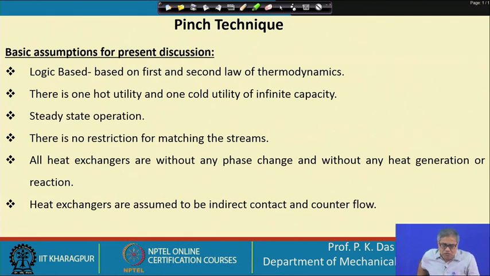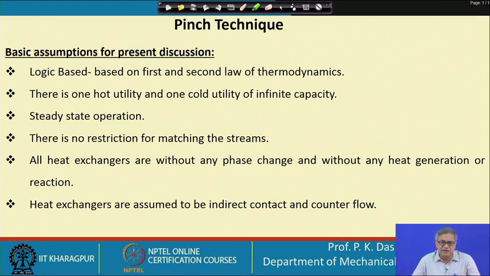There is only one hot utility and only one cold utility, each of infinite capacity. In practice there could be many hot utilities, at 100 degrees Celsius, 150 degrees Celsius, or 250 degrees Celsius, with different capacities.